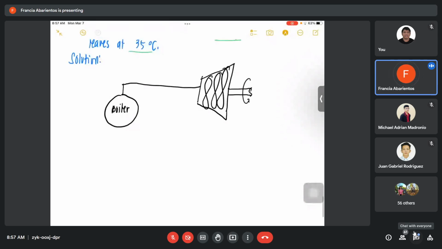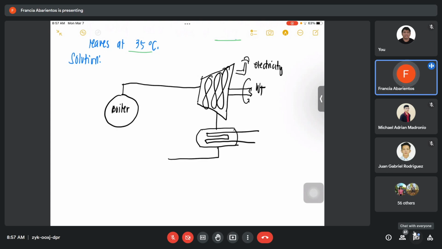More work sa turbine, shaft work. And meron tayo electricity dito generated. Point 1 to point 2, we have now the condenser. After that, we have the pump. Practice more class para matrain kayo.